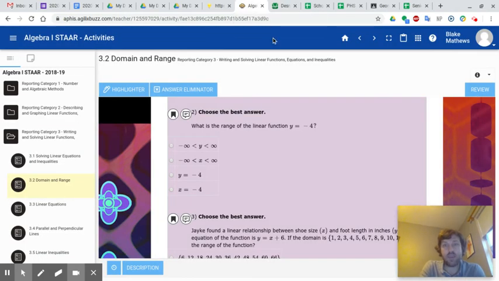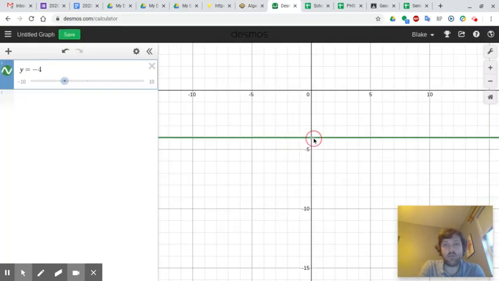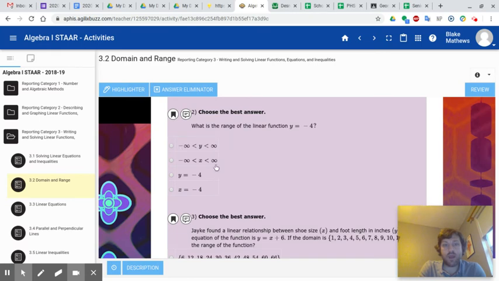It's staying at negative 4. Every single number along here, it stays at negative 4 on the y. When that happens, we're selecting this answer choice right here, because this graph doesn't go on forever. It's not looking at x anyway. Since it asks about the range, we shouldn't be choosing any of the x answers. So we're choosing between this one or this one, but because the y is only negative 4, it's going to be answer choice 3.